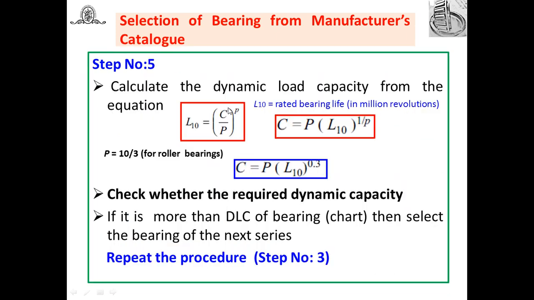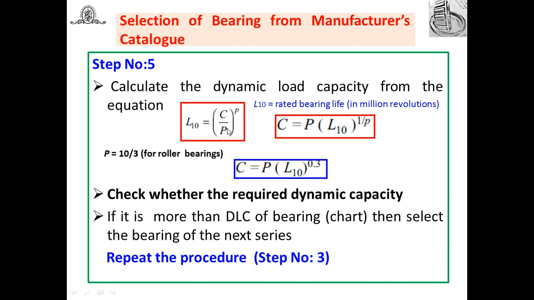Then the next step is, once you know the life, we have to use the load life relationship to find out the dynamic load capacity of the taper roller bearing. We have already used this equation for a deep groove ball bearing also to calculate the dynamic load capacity.